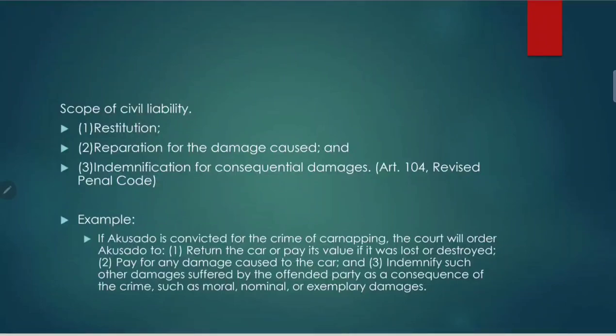If akusado is convicted for the crime of carnapping, carnapping daw yung source ng obligation. The court will order akusado to first return the car or pay its value if it was lost or destroyed. Ito yung tinatawag nating restitution. Pagbabalik ng halaga or the same item dun sa property owner.